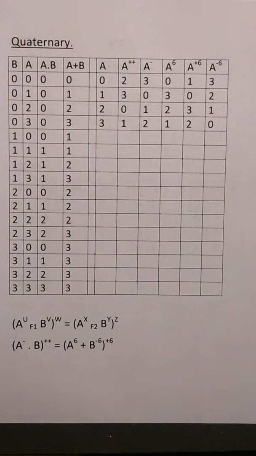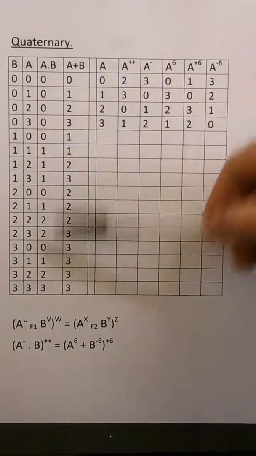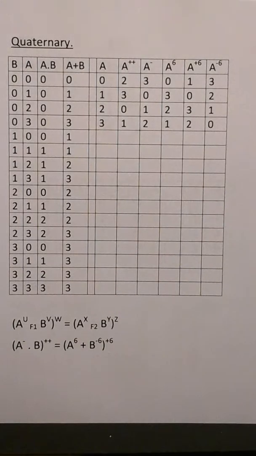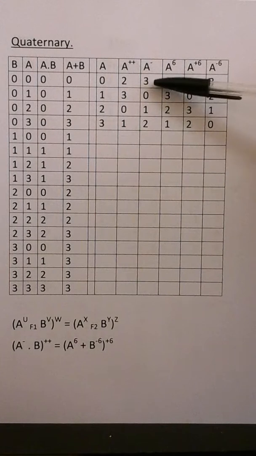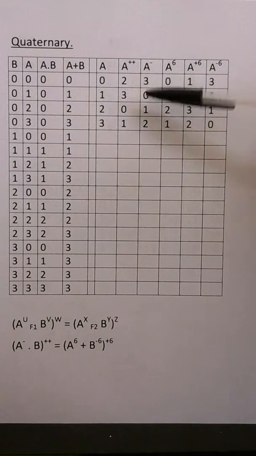Next we're going to look at a quaternary system. Here I have inputs A and B, the maximum, minimum and the maximum of functions. And we're going to use 6 unary operators, each with a frequency of 1. Each logic state has a frequency of 1 in the output of the function.